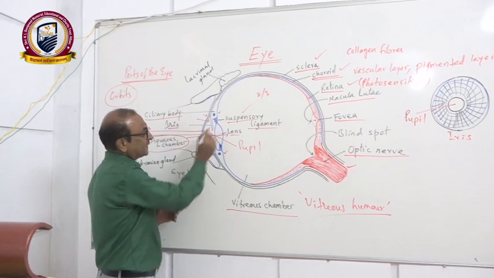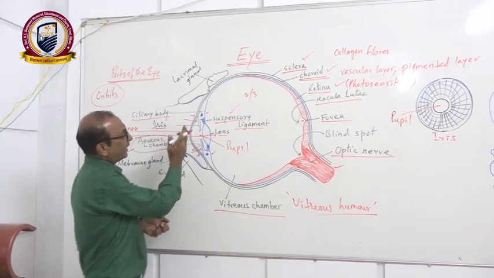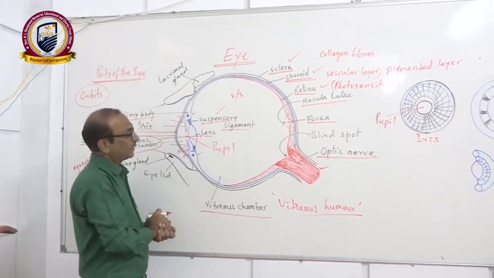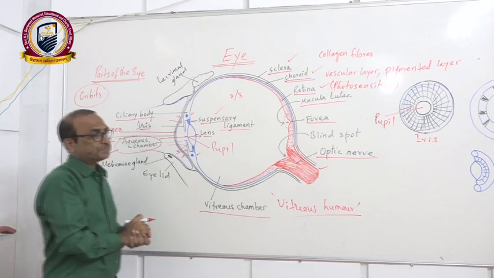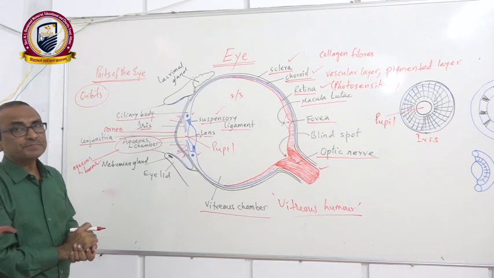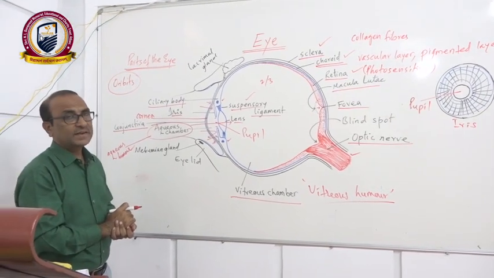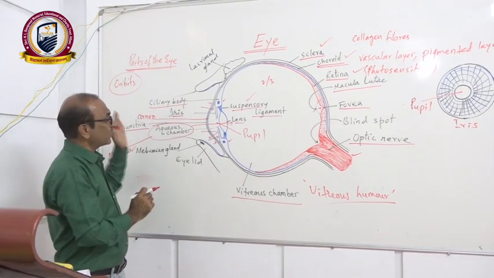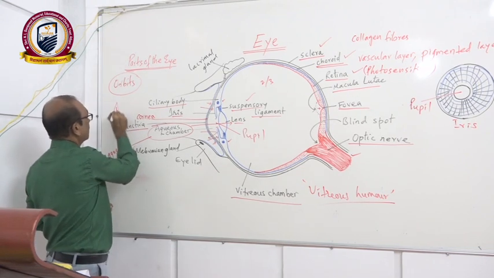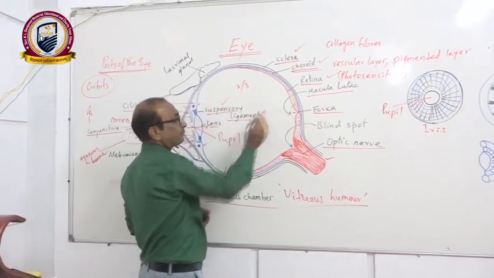Now lens is located just behind the iris. It is a transparent glassy structure, circular in shape, and this lens is responsible for focusing the image onto the retina.